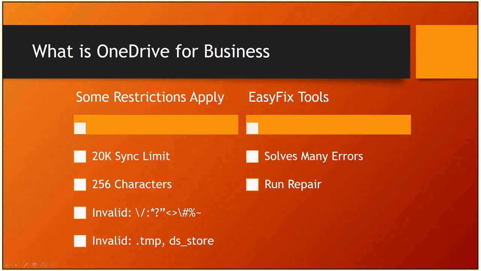We call them the Easy Fix tools, and they will solve many synchronization errors, and we'll discuss those in a little bit as well. But I just want to make sure you understand that OneDrive is a great tool to allow you to save data for easy access from outside of your network. It's secure, it's safe, it's great. But like anything else, you just have to work within its boundaries or the confines of what it can do or can't do. So that's important.